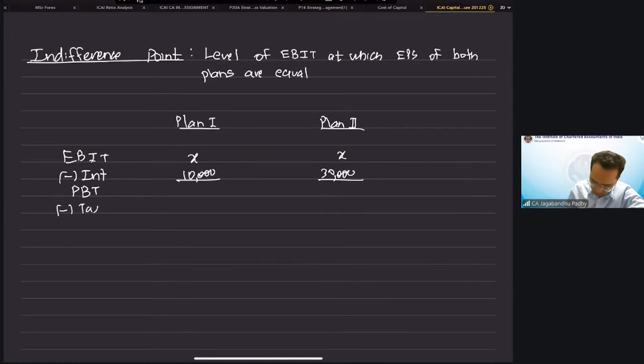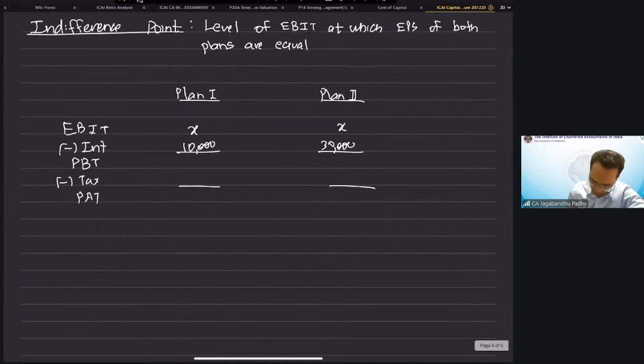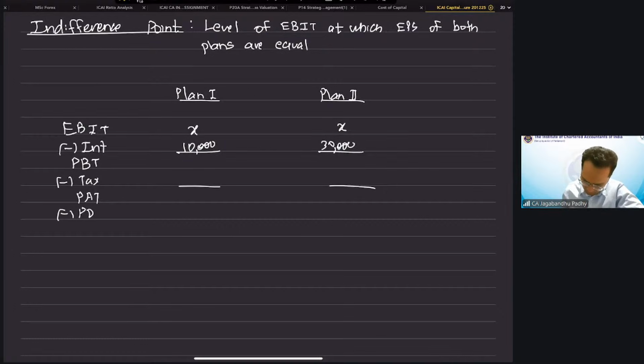Then we're going to subtract the tax. You get the PAT figure. Further subtracting, let's say, the preference dividend. So preference dividend over here is 18,000. And then you get the net profit for equity shareholders.